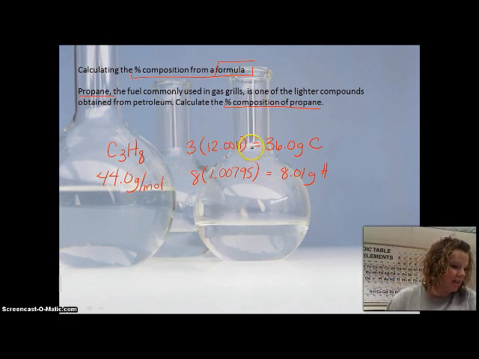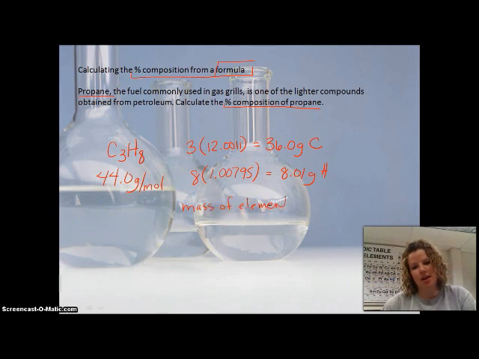And now that we have all of these, we can go ahead and calculate the percent composition. Okay, so remember that is the mass of element over the mass of the compound.